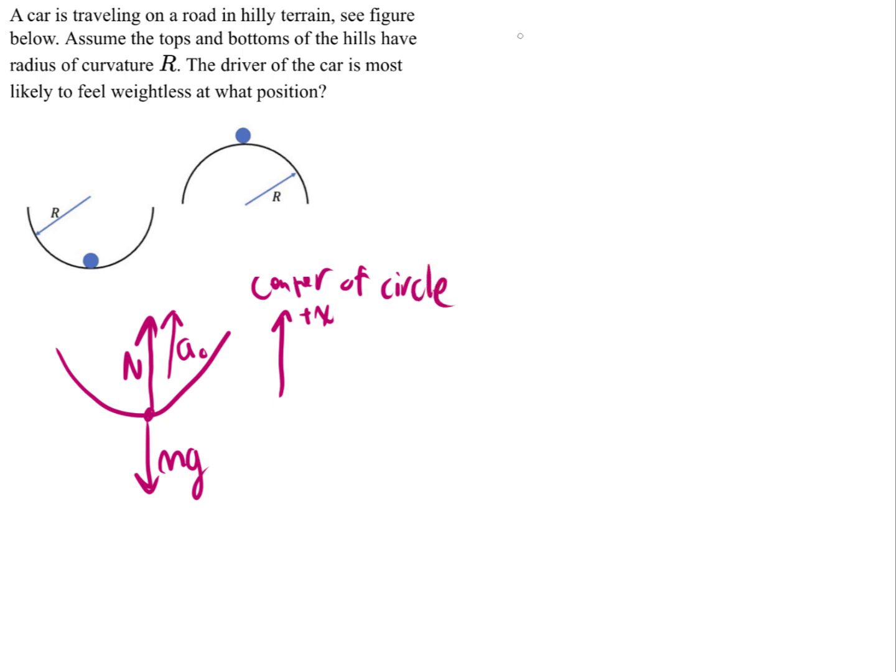With that, we can use Newton's second law, which says that the net force, or the summation of all of the forces acting on an object, is equal to that object's mass times its acceleration. In this case, the only two forces are the normal force and the force of gravity, and the force of gravity is pulling it down away from the center of the circle.